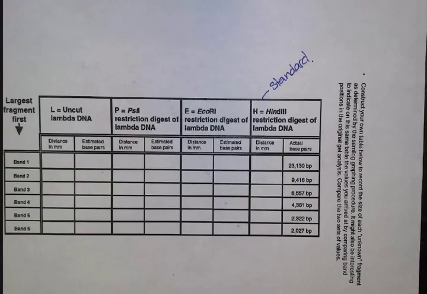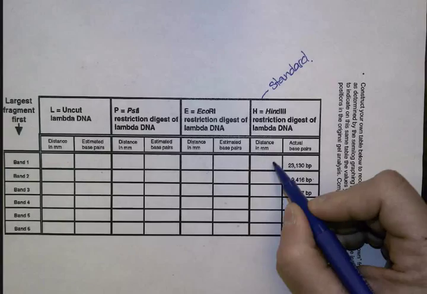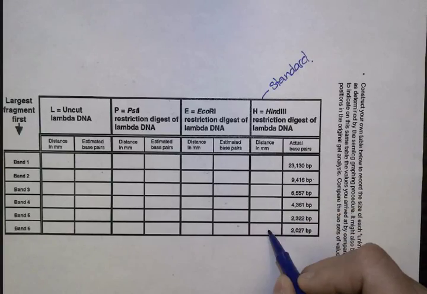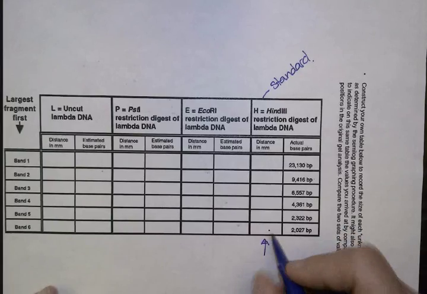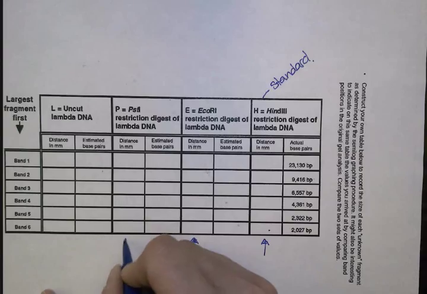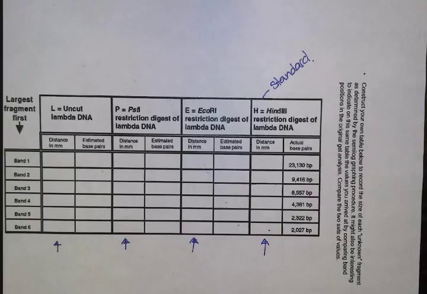Okay, so with your HindIII, these are the different fragments, and you will measure the distance that each of the bands have traveled, and you will record it in this column. Then you will measure all of the bands that showed up and put the distance traveled in the EcoRI column, and then you will do the PstI, and then you will do the single uncut lambda DNA, and this should only have one band, okay, because it's uncut, so it's just one solid piece of DNA.